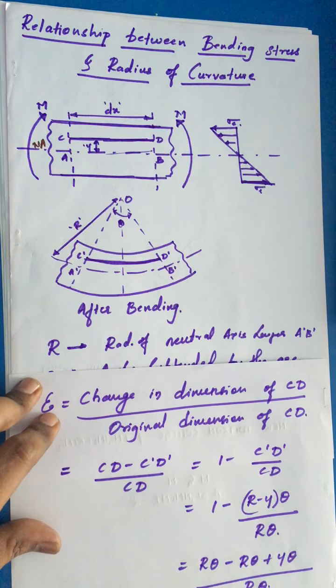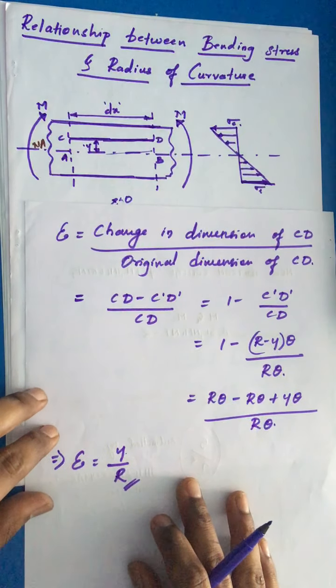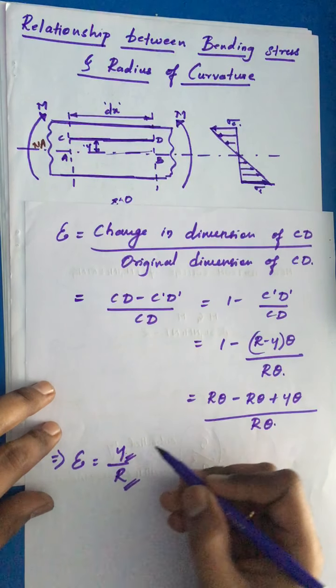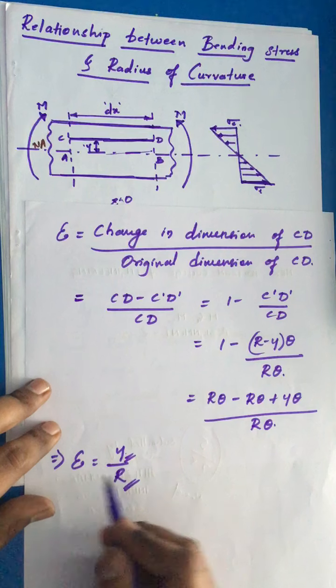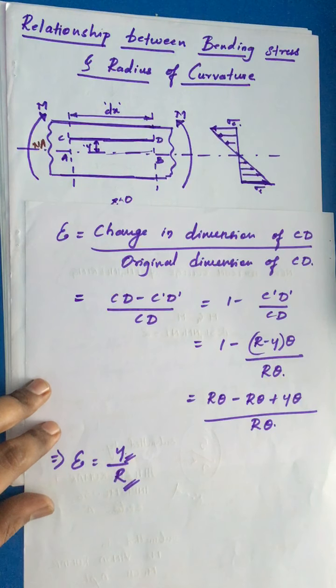That is, the strain is directly proportional to the distance from the neutral axis. We can write epsilon is equal to y by R.